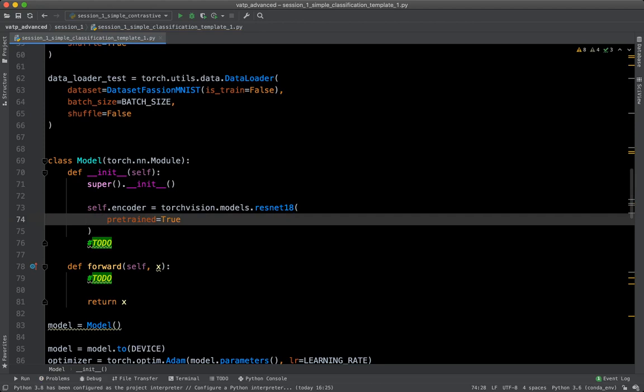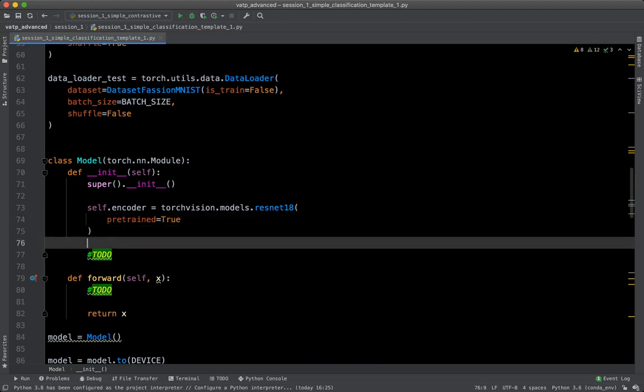So the encoder is a pre-trained ResNet, pre-trained on ImageNet. That means there are actually two things. One is that the output is 1,000 classes, but now we have 10 classes.